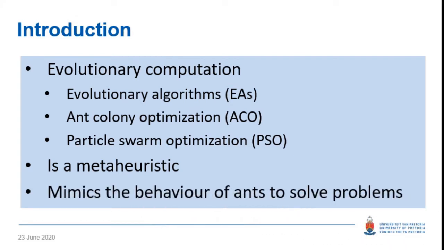And as its name suggests, it basically mimics the behavior of how ants work. So how ants survive on a daily basis, how they gather food, how they make sure that they don't waste time taking paths that are longer. All these initiatives of ants that they use for survival in their daily existence is what is used to now solve optimization problems.